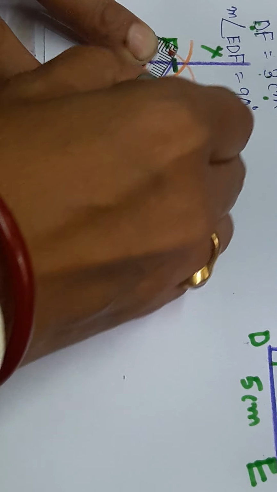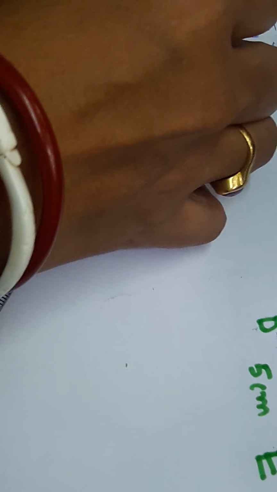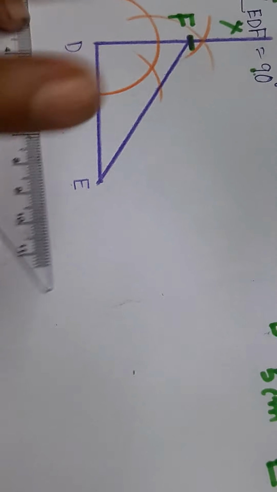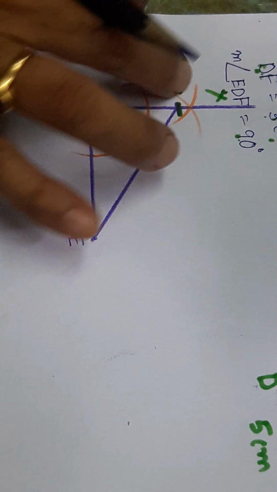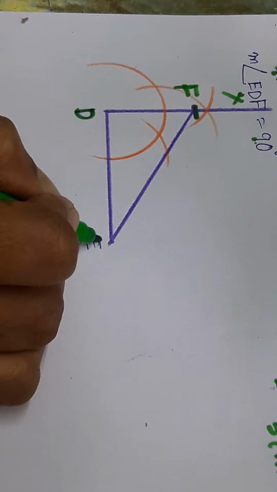To make it clearly visible to you, I have made the width of the line more, but you must use a sharp pencil to draw these things. So my construction is over. What I have got here is a triangle. The name of the triangle is DEF.